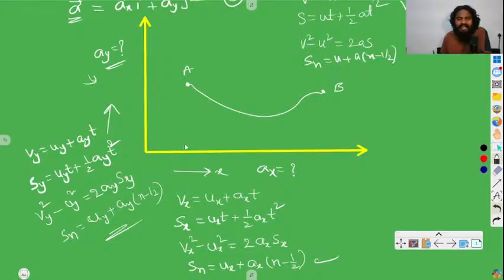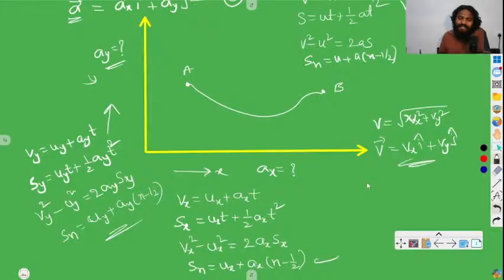You separately study the motion of the particle in two dimensions, and if you want the final velocity, it can be written as v = √(vx² + vy²), or if you want the velocity vector, you can substitute vx î + vy ĵ, right?